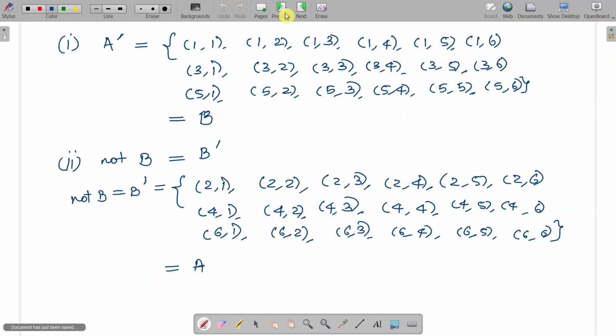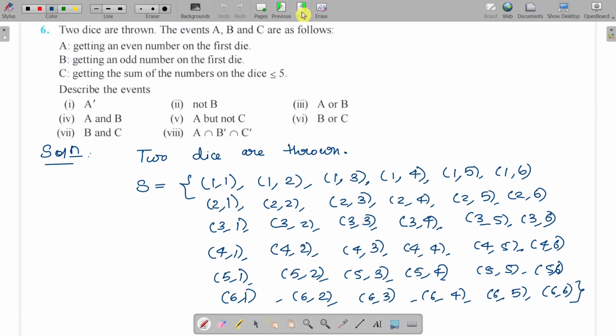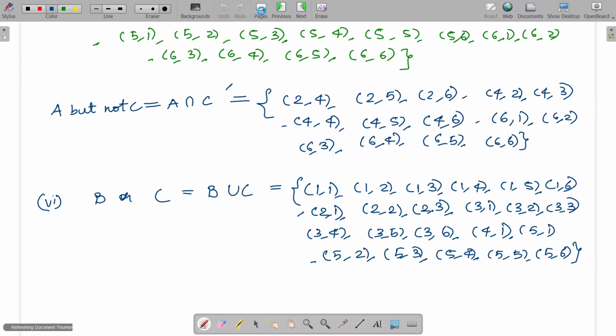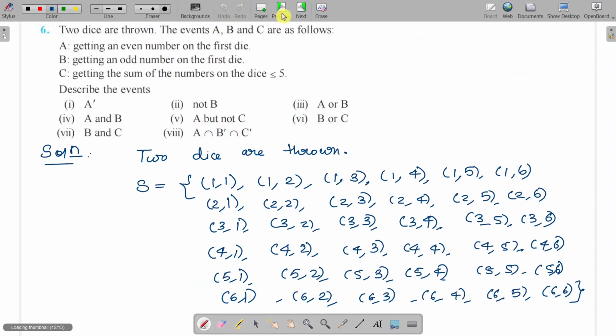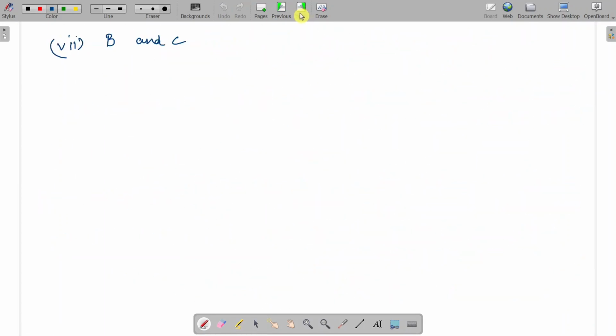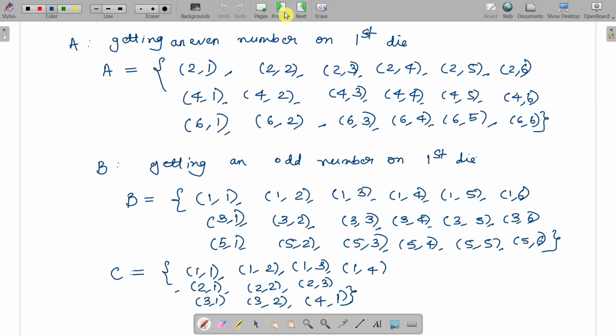Now let us look at the next question, B and C. So next one is question number 7, B and C, right? So B and C means B intersection C. So points common between B and C. So the points common are 1 comma 1, 1 comma 2, 1 comma 3, 1 comma 4, right?